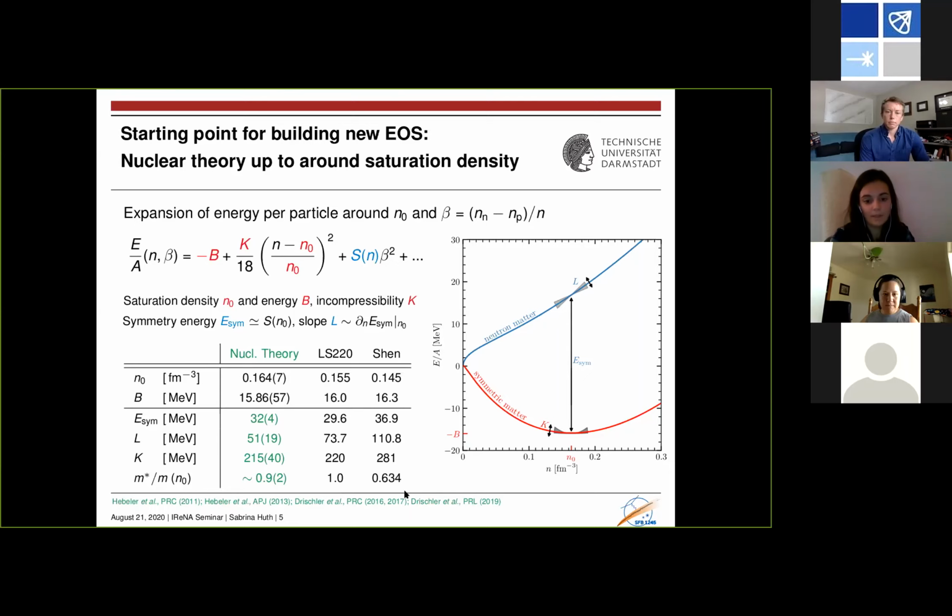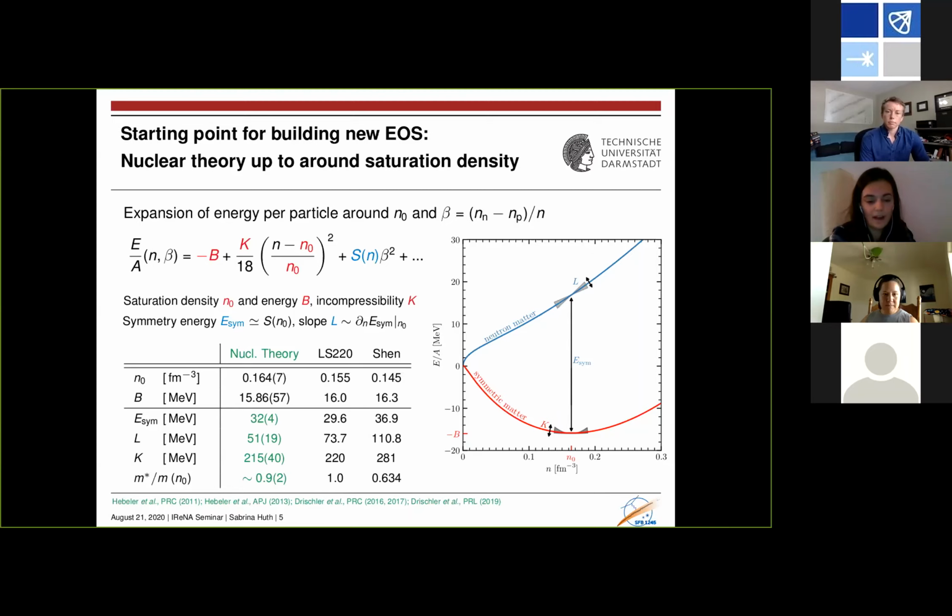The details don't really matter here, but what's important is that you see, especially for the slope parameter, that the Shen EOS and also to a lesser extent the Lattimer-Swesty EOS are way above the predictions from nuclear theory, which is here calculated by chiral EFT.